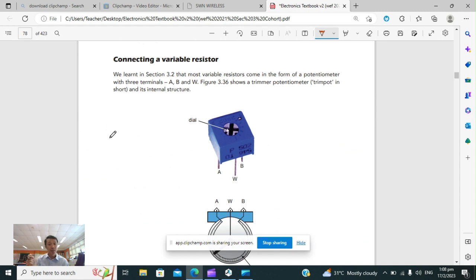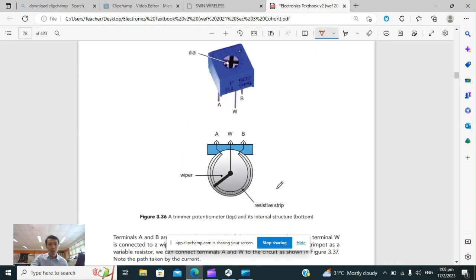So how do we connect a variable resistor? A variable resistor, a trim pot, like I was telling you just now, has 3 legs. This diagram shows you what's going on in the 3 legs. Okay, so first off, rule 1 is always connect the middle leg. W stands for wiper. Why is it wiper?